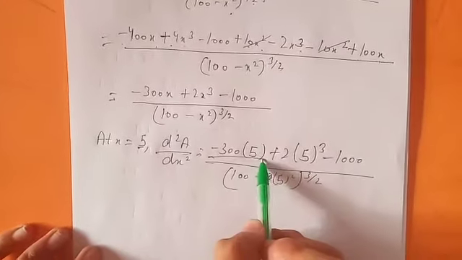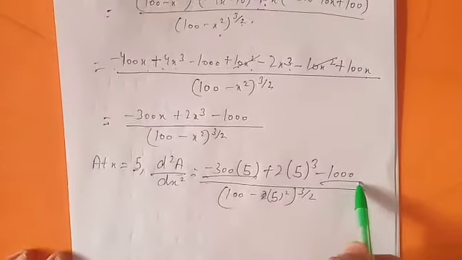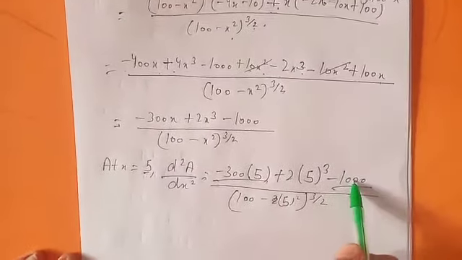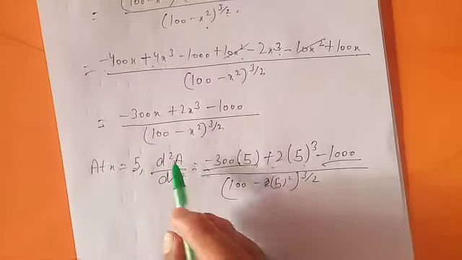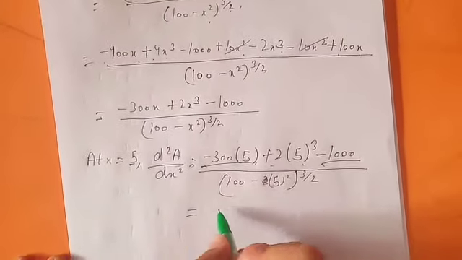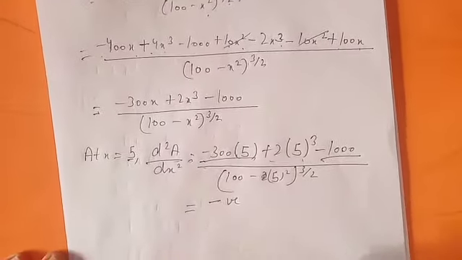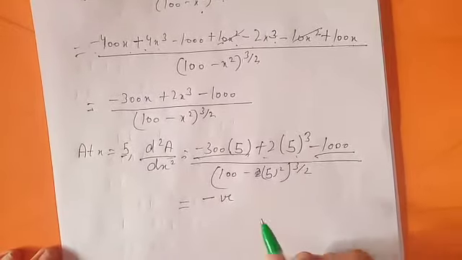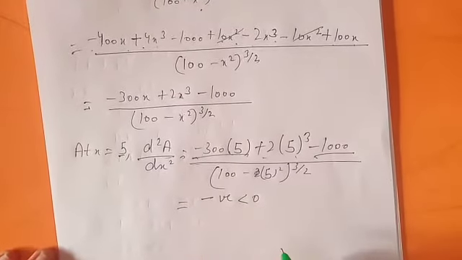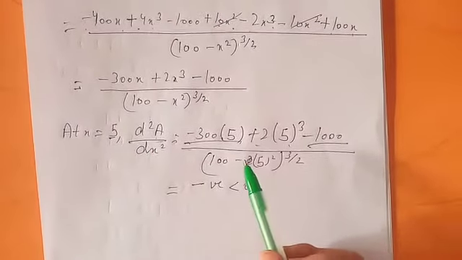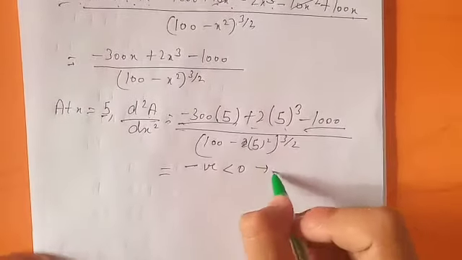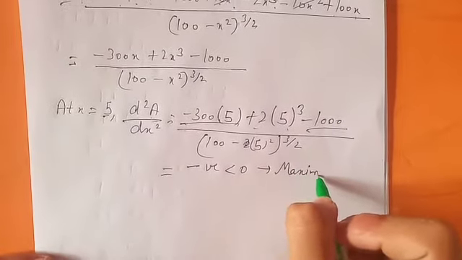Now it is negative, and the whole sum will be greater than this positive value. So at last our d square A by dx square will be negative. Okay, and if it is negative, less than 0, and whenever our second derivative is less than 0, we have a point of maximum there.